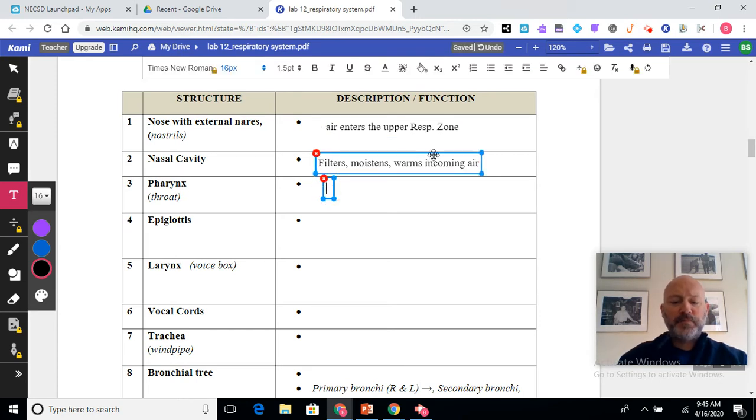Pharynx, well, we already said that the pharynx is a common passage, right? Not only for air, but also for food. But in this context, we could just say that the pharynx delivers air from the nasal cavity towards the larynx.